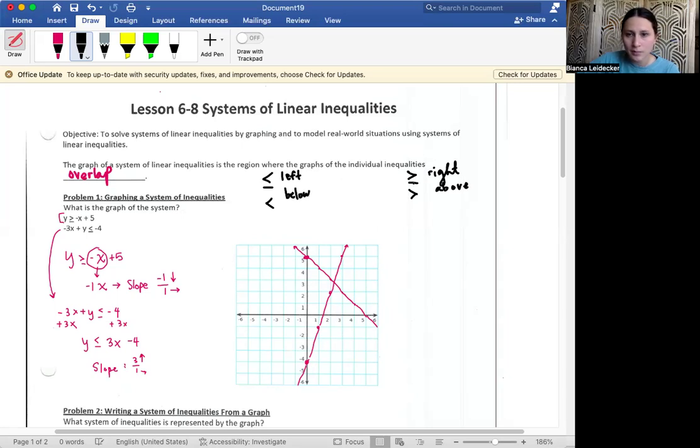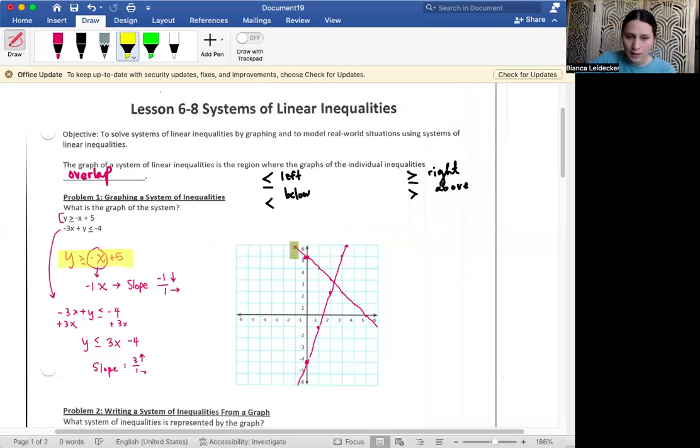So if you can remember what these inequalities indicate in shading, you don't have to use a test point. What I'm going to do is look at my first equation and shade the direction, left or right or above or below, of that line.